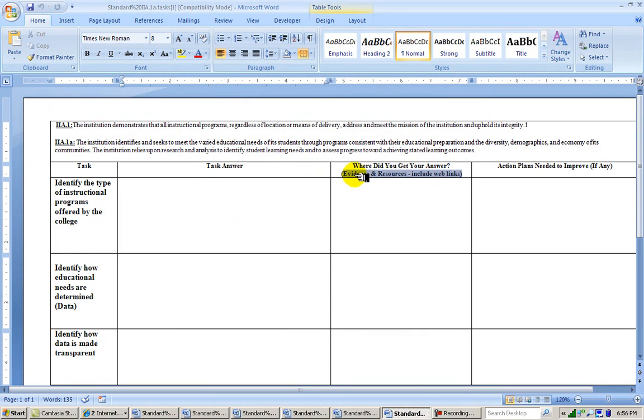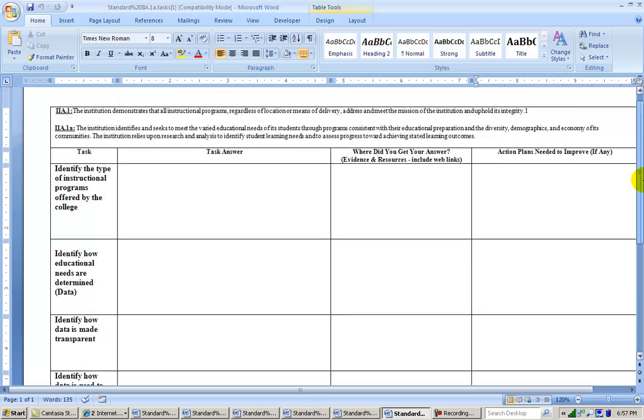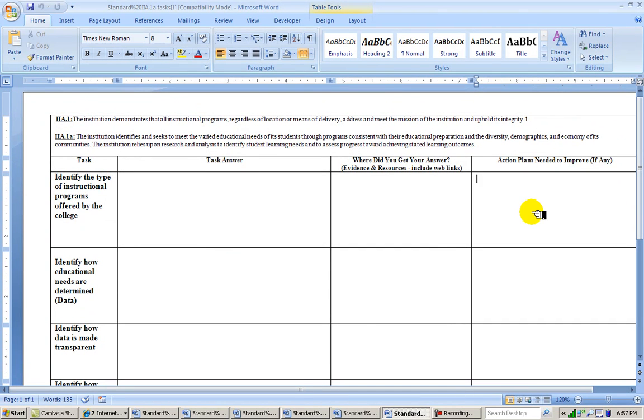Then in this column here, you would answer where you got that answer in your evidence and resources. And then if the answer isn't complete, what action plans does Leeward need to improve, if any? If they're fine, then you would just leave it blank, or say there is no improvement needed. And you do that for each of the 4, and that would be it.